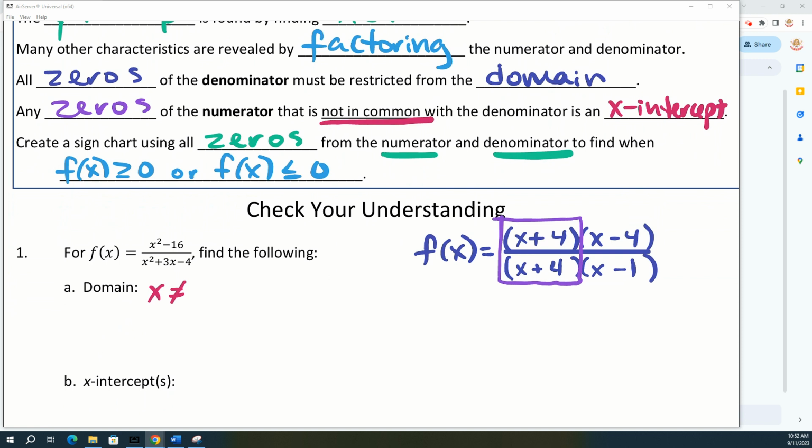So what can x not equal? -4 and 1. Good. I'm just going to write over to the side what we did there. You're just going to say x does not equal the zeros of the denominator.